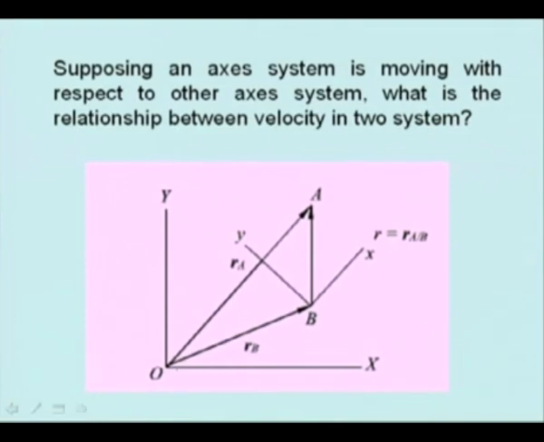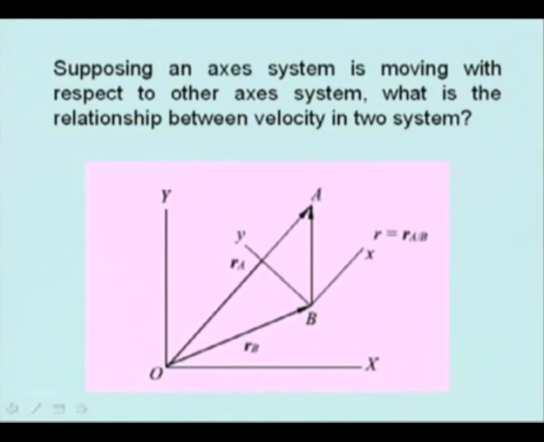Now, in this figure, O, x and y are the axis system shown, and one particular particle point is indicated by B. R B is the position vector. Another point is A, and R A is its position vector.